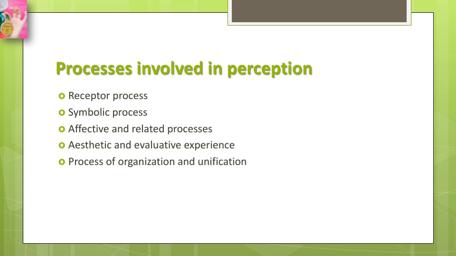So the receptor process is the first process. Then there is the process of unification, and the unification process is the second process in perception. For example, in perception of the rose, a unification of different sensations is necessary. Then symbolic process is the third of the main processes, and most things have a sentiment or experience attached to them.